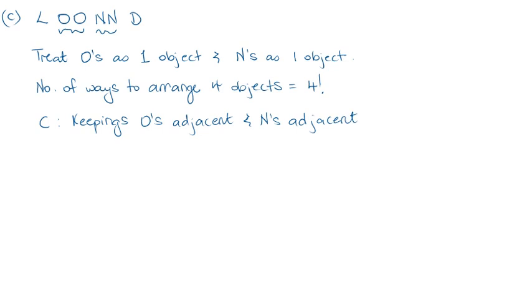And so the probability of C would be equal to 4 factorial, which is the number of ways of arranging these 4 objects, divided by the number in our sample space, which we had worked out to be 180. Which gives 2 out of 15.